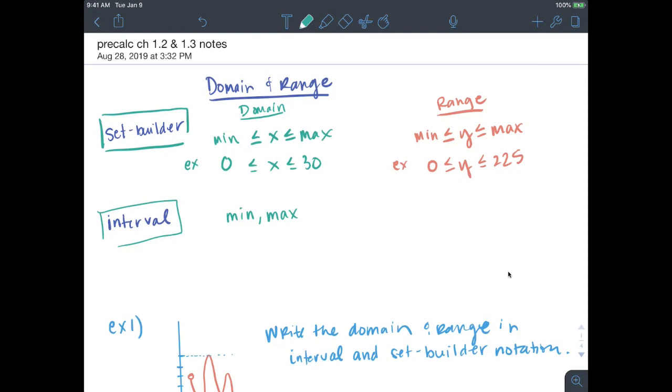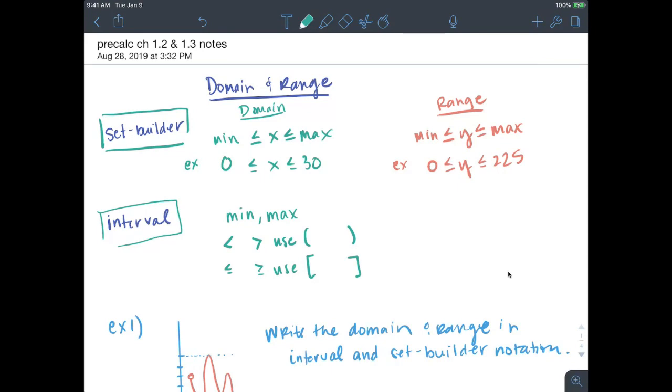If you're using just less than or just greater than, then you're going to use parentheses. If you're using less than or equal to or greater than or equal to, we use square brackets.